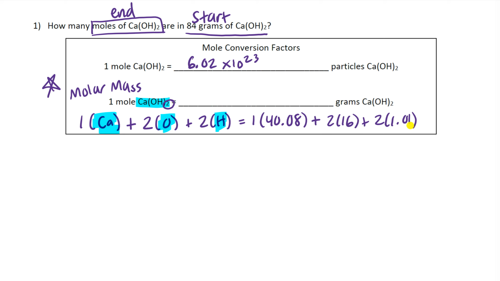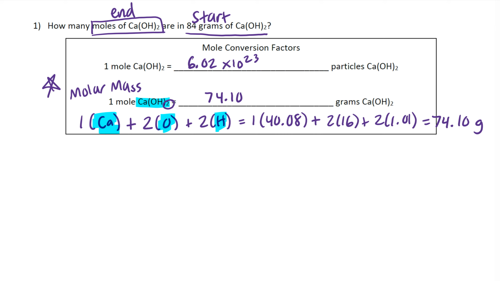Now I'm going to calculate all of this, and we're going to get a molar mass of 74.10 grams. So that means 1 mole of calcium hydroxide is equal to 74.10 grams of calcium hydroxide. Okay, so if I have 1 mole of calcium hydroxide, I know it's going to have a mass of 74.10 grams. So please make sure before we move on that you have both of these mole conversion factors written down.